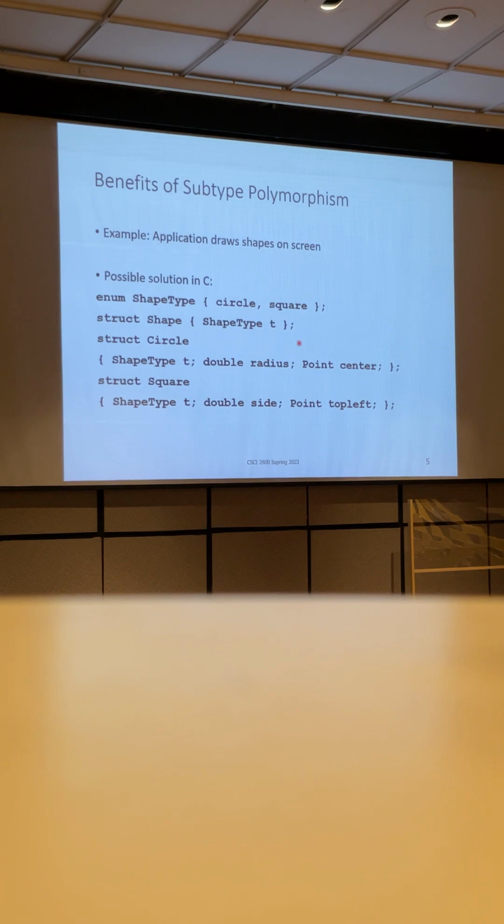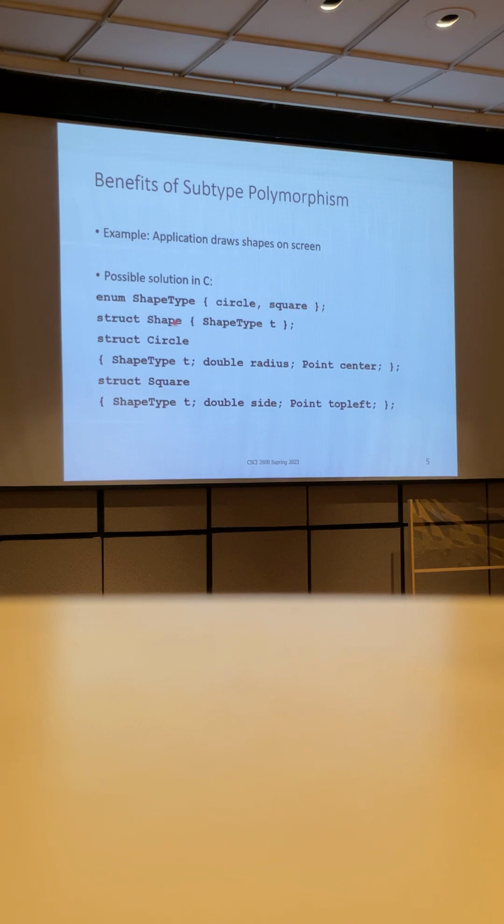We have different shapes, circles, squares, and we have shape type, which kind of tries to capture them all. What if we want to sketch an application that draws shapes on the screen? Here's what a typical C-style solution would look like. We would define an enumeration shape type where we would list all the possible shapes.